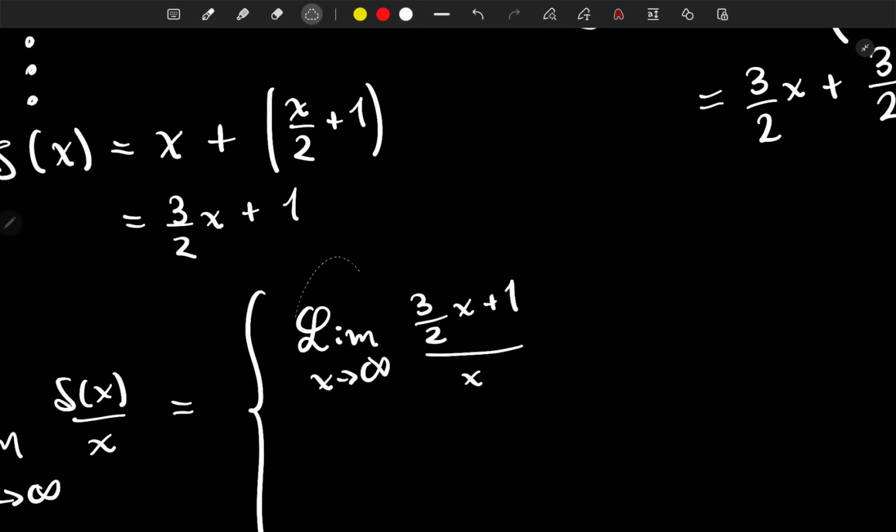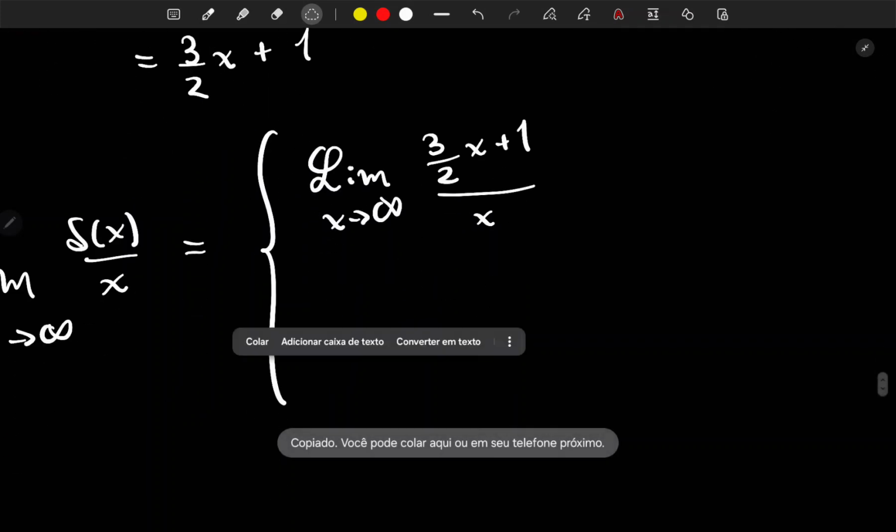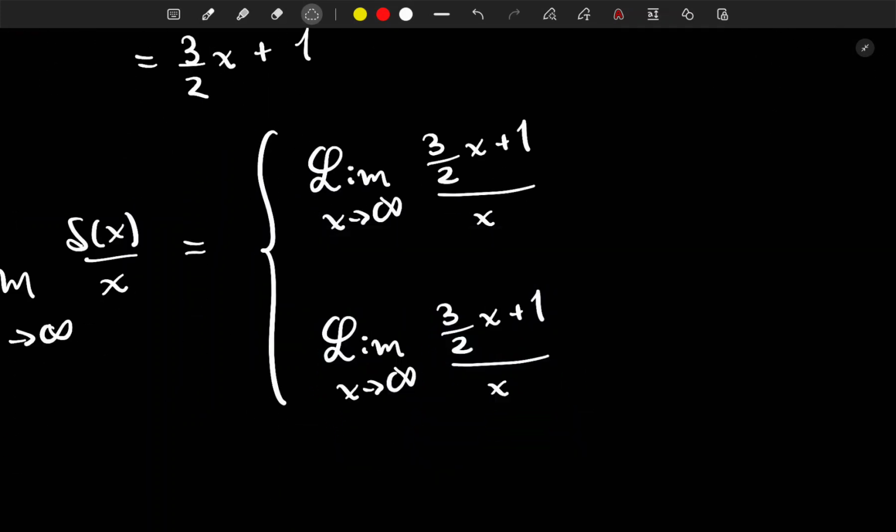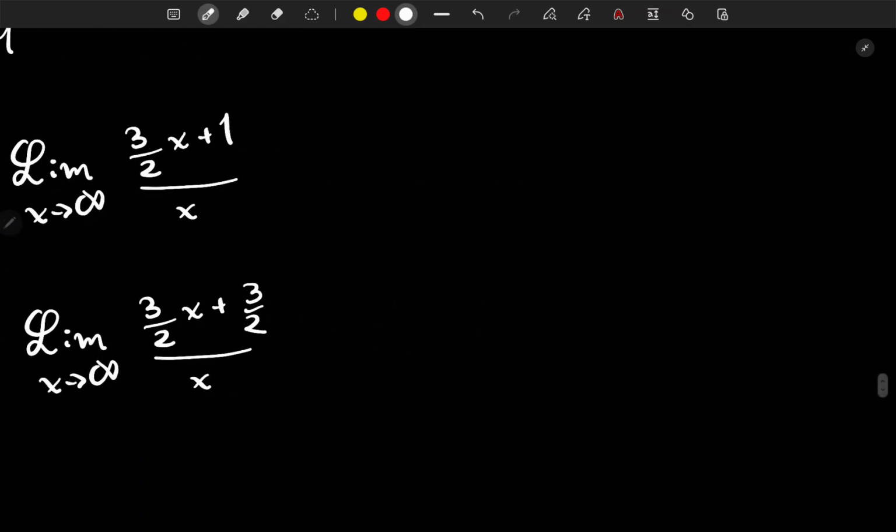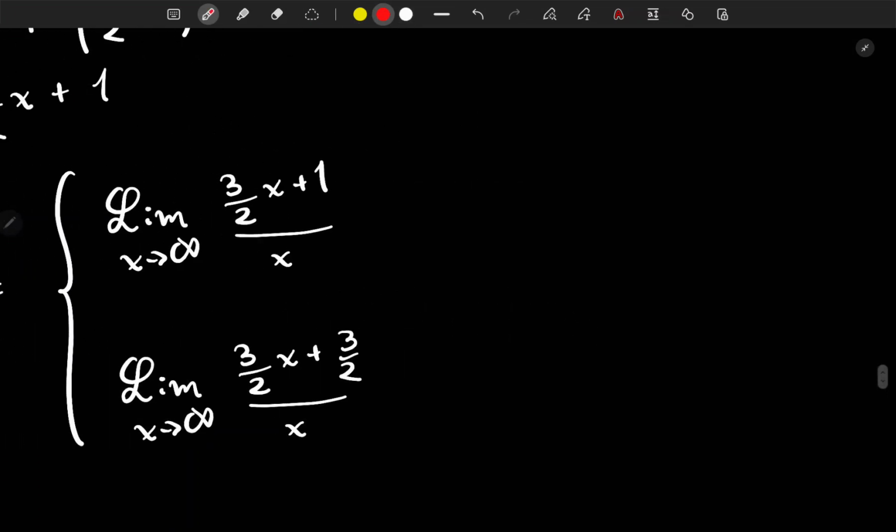And we have the other one. Instead of this one, we call it 3 over 2, okay? But this is for even numbers. And this is for odd numbers, okay?